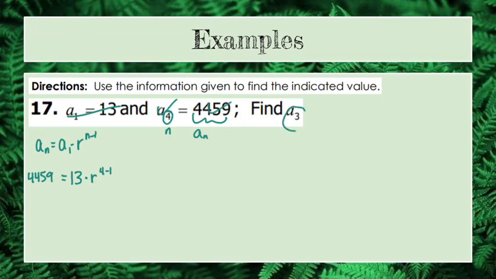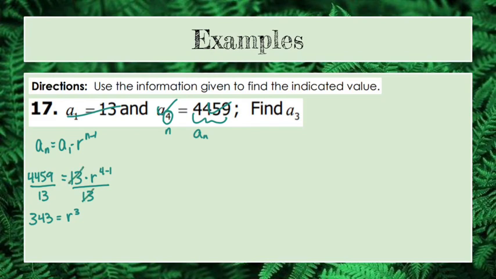Now our problem is we want to find A sub 3, but first we have to find the common ratio. So we're going to solve for that first. And the way we do that is first dividing by 13. This is going to give us 343 is equal to R, and then 4 minus 1 is 3, R to the 3rd power.